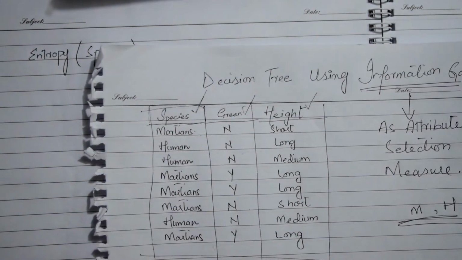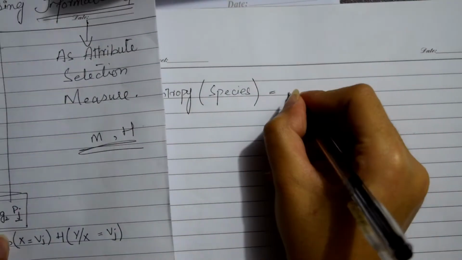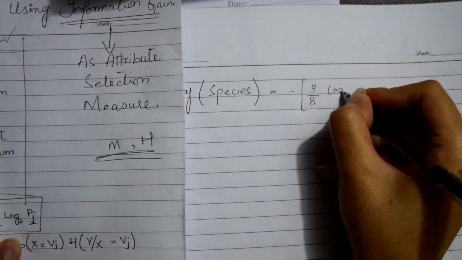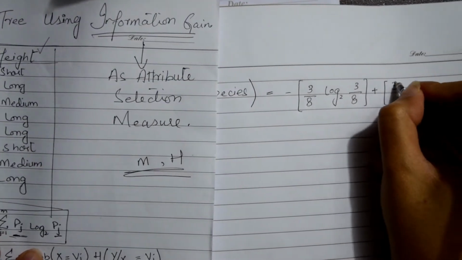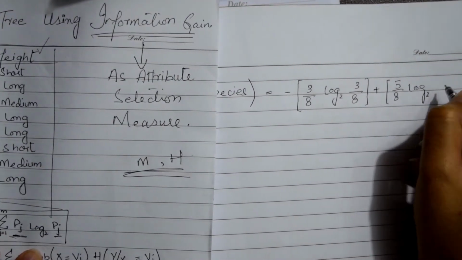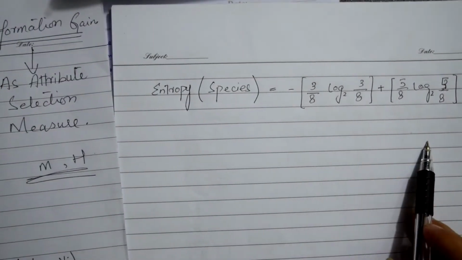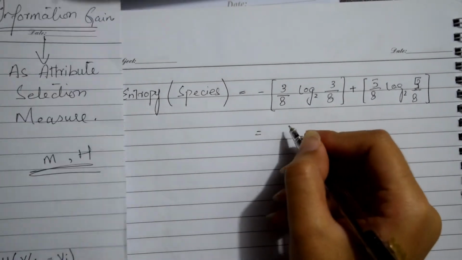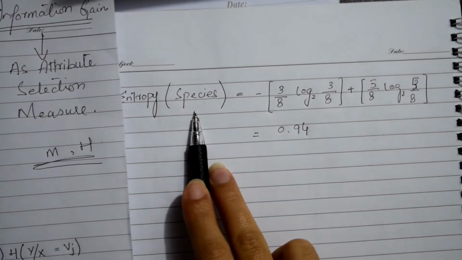For calculating the species entropy we have to calculate like this. When we calculate this equation we get 0.94, and this is the entropy of species.